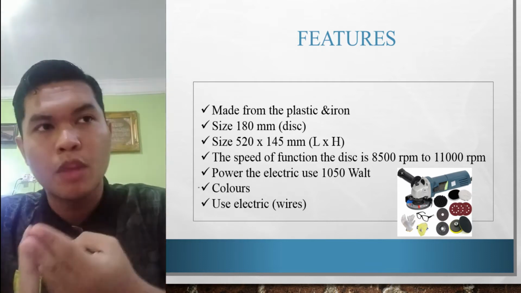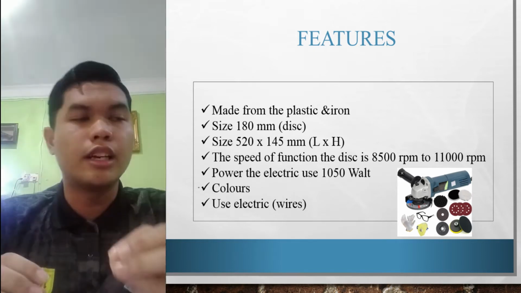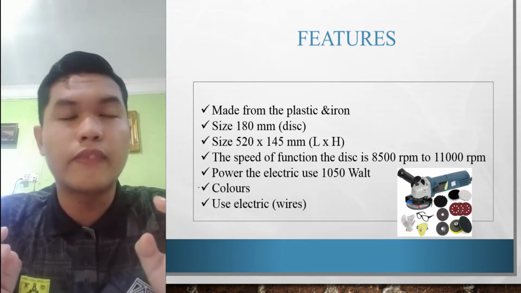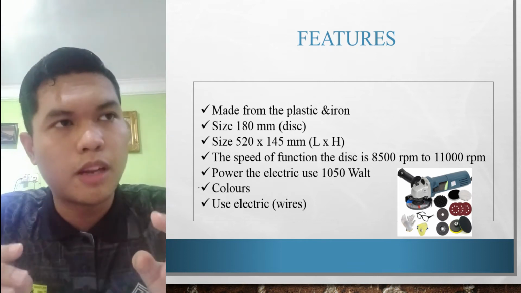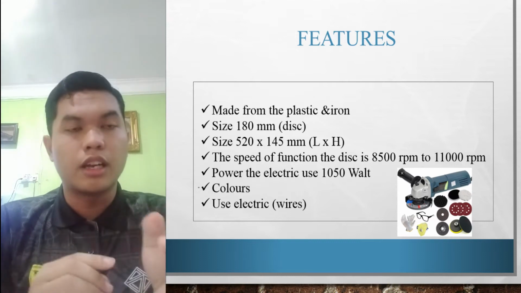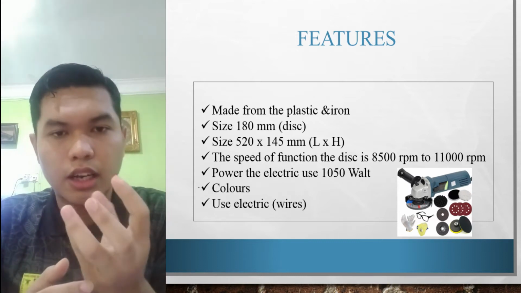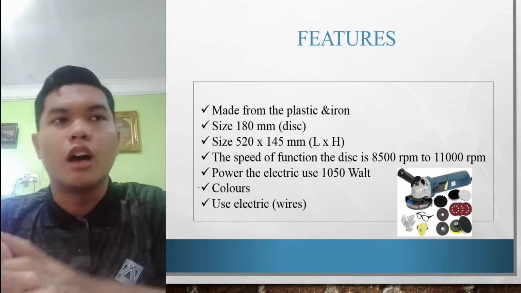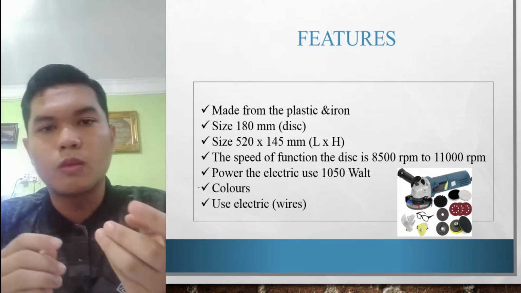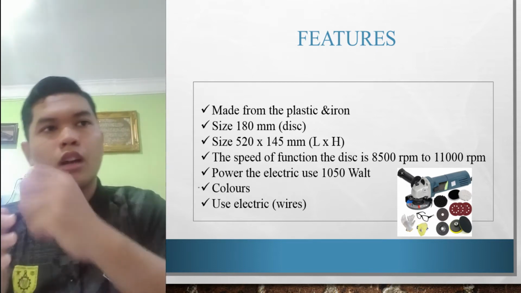Second, the size of the grinder machine is around 520 by 145 millimeters. The circular blade is very sharp, around 180 millimeters in diameter.